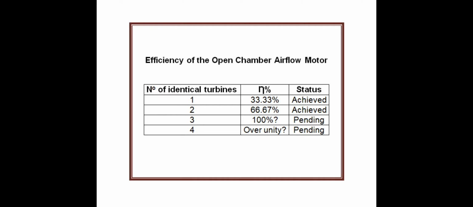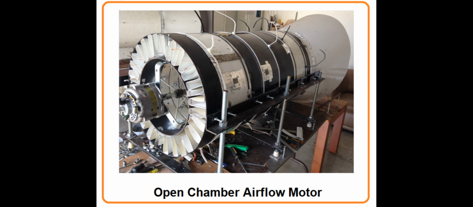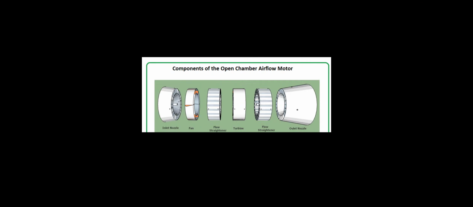However, this is still pending as the support platform used currently can only hold two turbines. Therefore, the platform has to be extended to hold one or two more turbines.